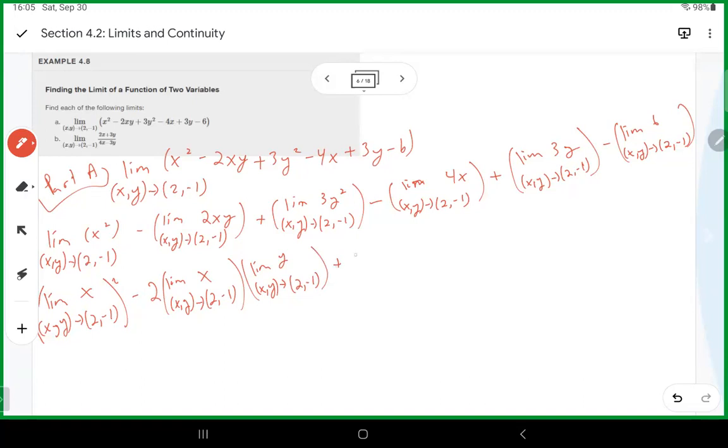Okay, so then we'll pull the 3 out, and then we'll have the limit as (x, y) goes to (2, -1) of y, and then the square will be pulled out. And then minus, and we're pulling out the 4, the limit as (x, y) goes to (2, -1) of x.